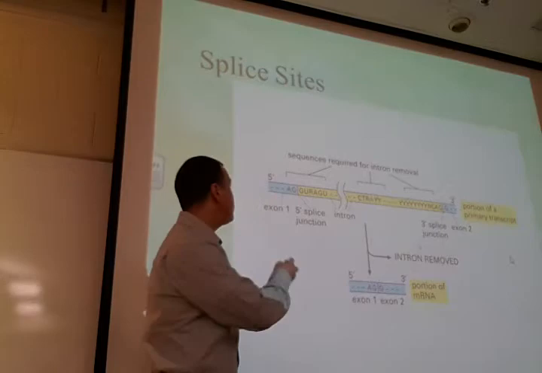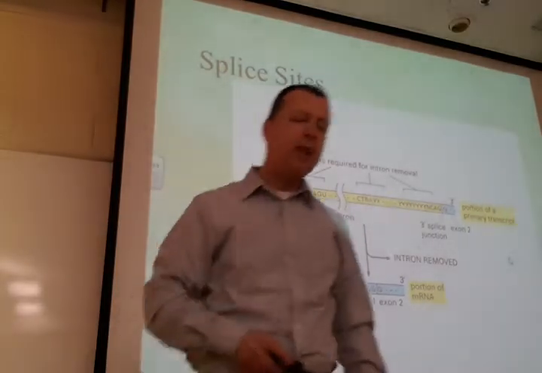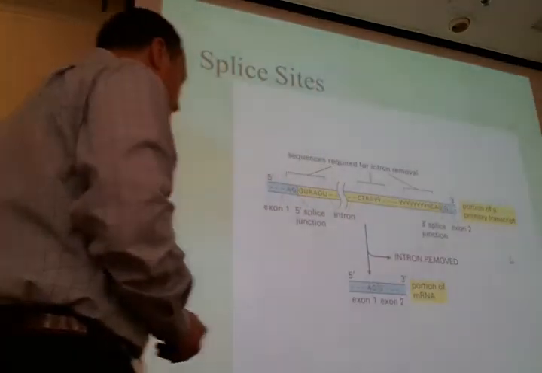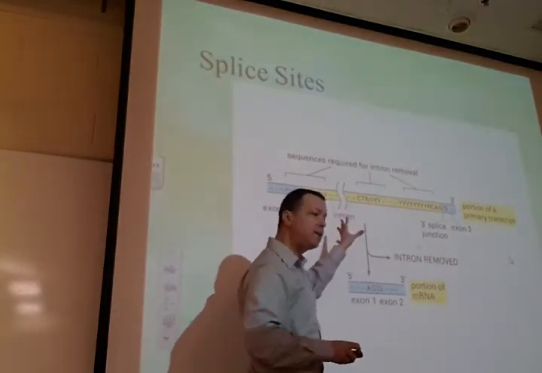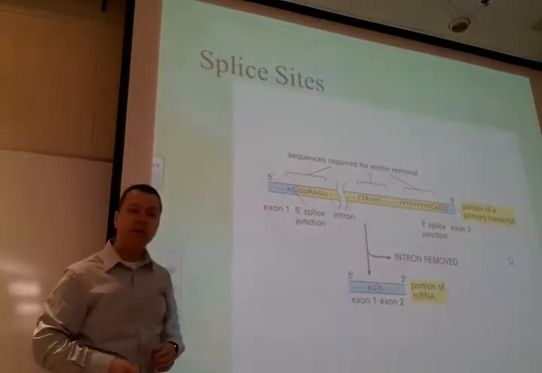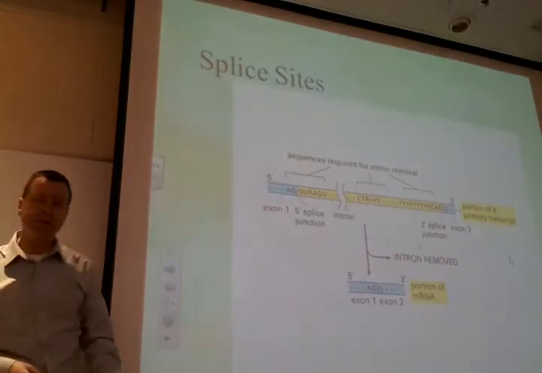So this is showing you what those sequences are. Again, I don't need you to memorize them for this class at least. But realize that there are specific sequences on either side of the boundary that the machinery is going to be looking for.